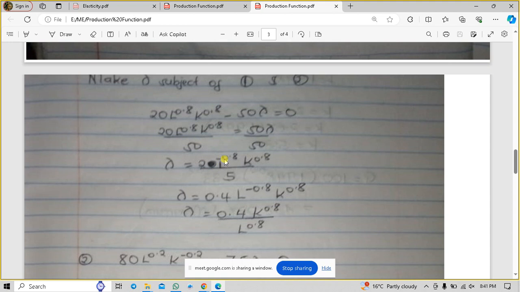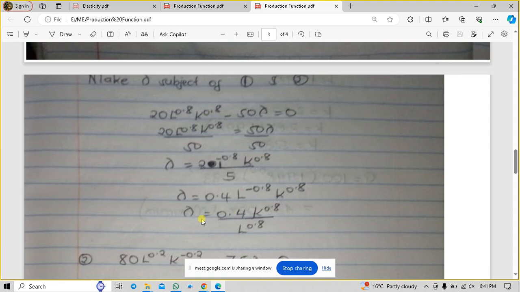L is to power negative 0.8, K is to power 0.8 divided by 5. 2 divided by 5 is 0.4. L is to power negative 0.8, K is to power 0.8.